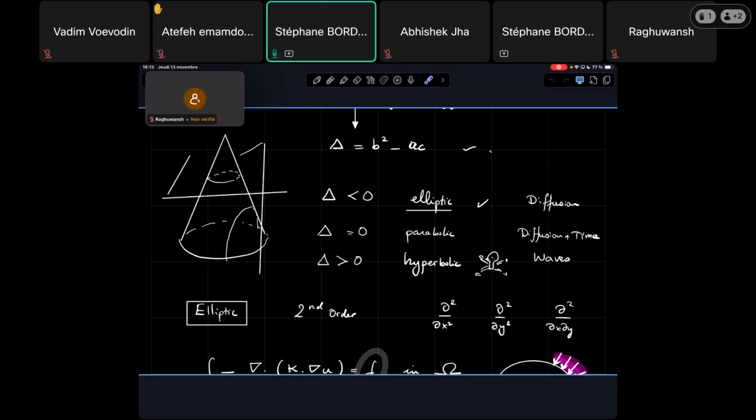So that is in a nutshell what you should remember about these types of problems. And that's very useful because once you know an equation, you see immediately, if you see an equation like Laplacian u plus b of u equals 0, you know immediately that this is elliptic, right? But if now I write it again, Laplacian of u plus b of u equals du/dt, well, then you know that that is parabolic because there is a change in time.